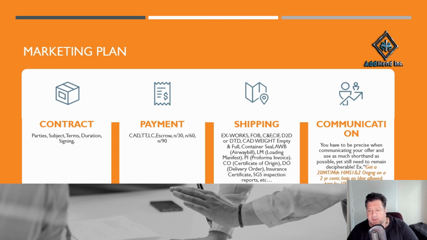Everything is abbreviated. Inspection on loading allowed, and so on and so forth. This is how it goes. So you don't have to read a love letter. You can go through 100 inquiries per day in a short period of time and be able to service and answer those inquiries in a timely manner, so as not to lose on the product and to be efficient in doing your job.